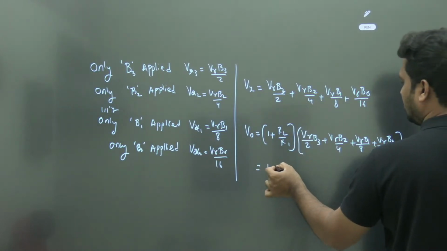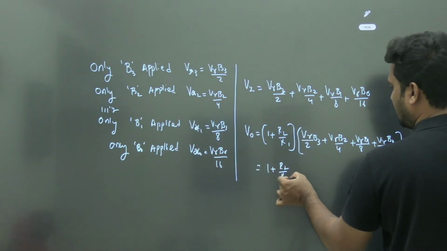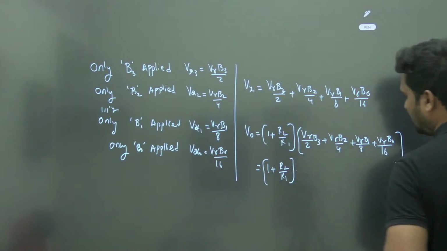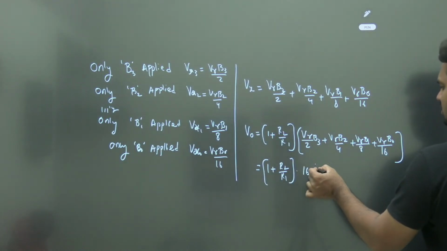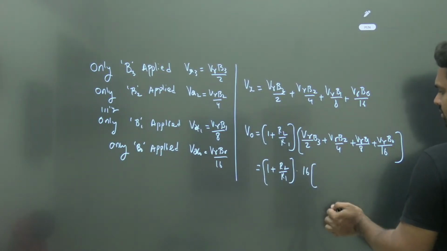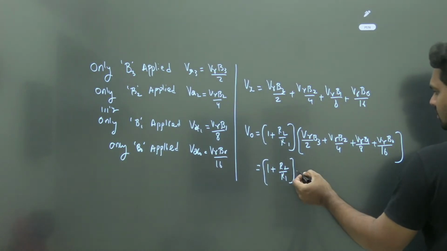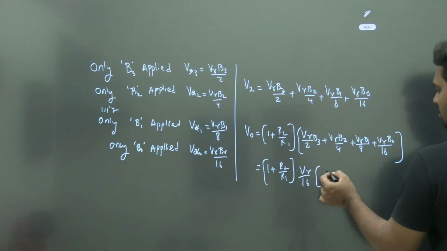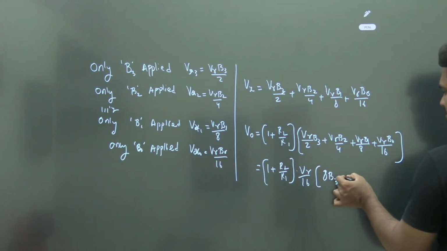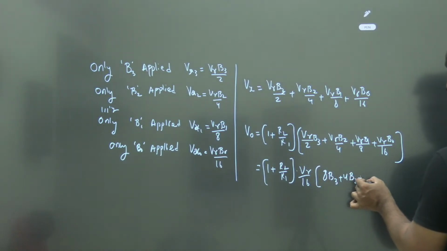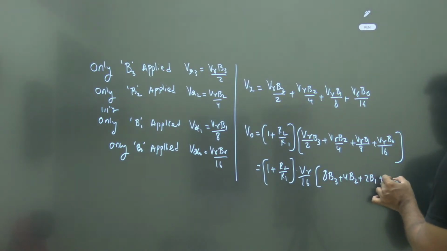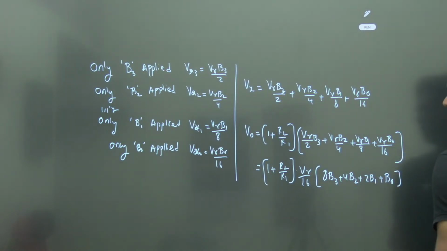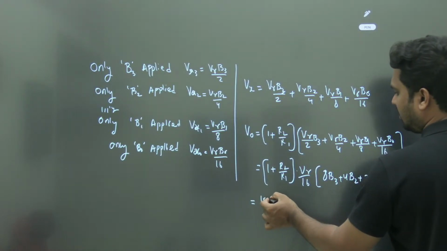So here 1 plus R2 by R1 into, you take the 16 LCM, VR by 16 common, 8B3 plus 4B2 plus 2B1 plus B0. So here you divide 15 with 15.